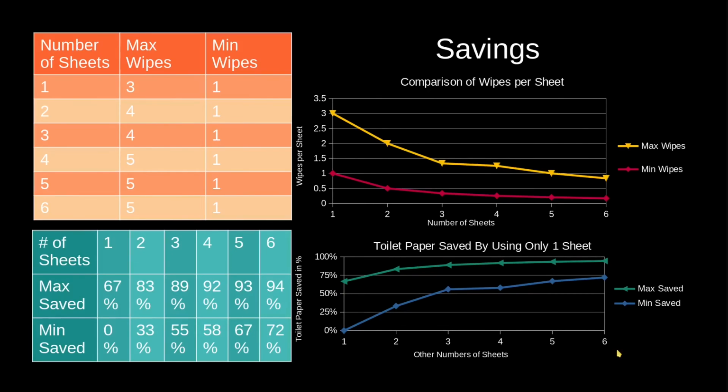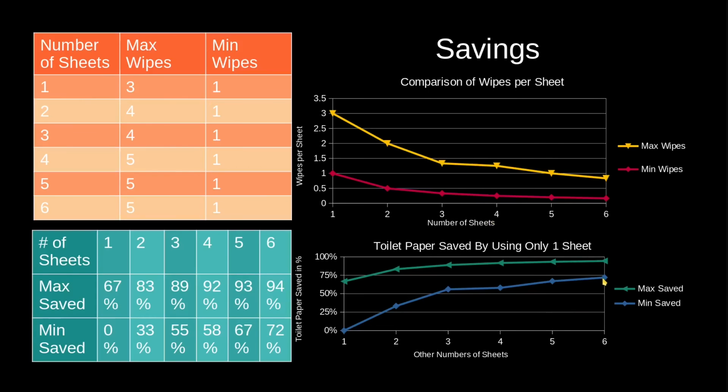So if you're using 6 sheets and you're only wiping once with it, you will save 94%, right here, 94% of toilet paper by switching to the maximum wipes of one sheet, which is 3 wipes per single sheet.